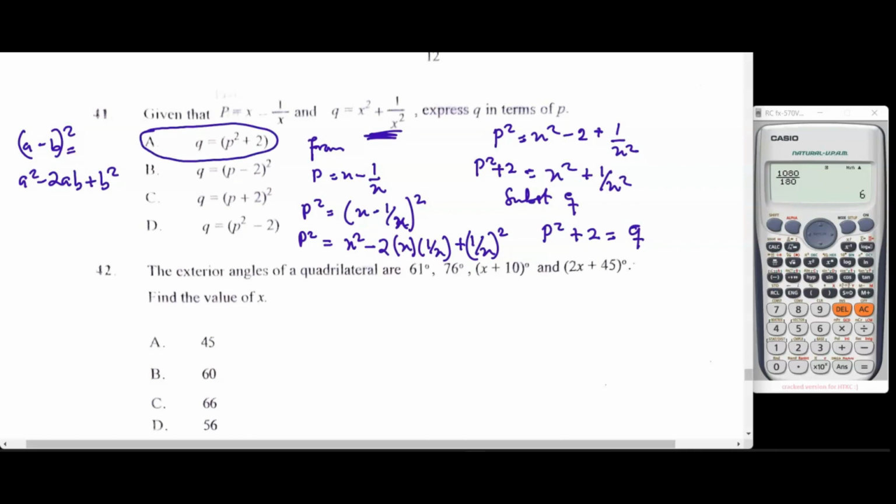Now, question 42 says the exterior angles of a quadrilateral are 61, 76, x plus 10, and 2x plus 45. Find the value of x. So you know that the sum of the exterior angles of a given quadrilateral is 360 degrees.